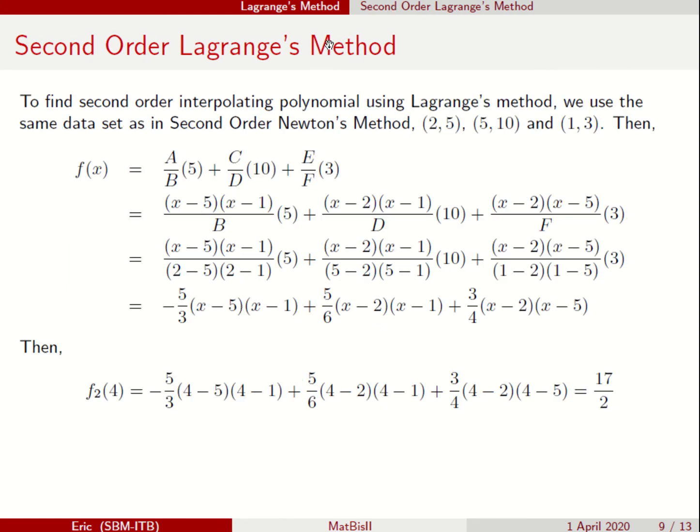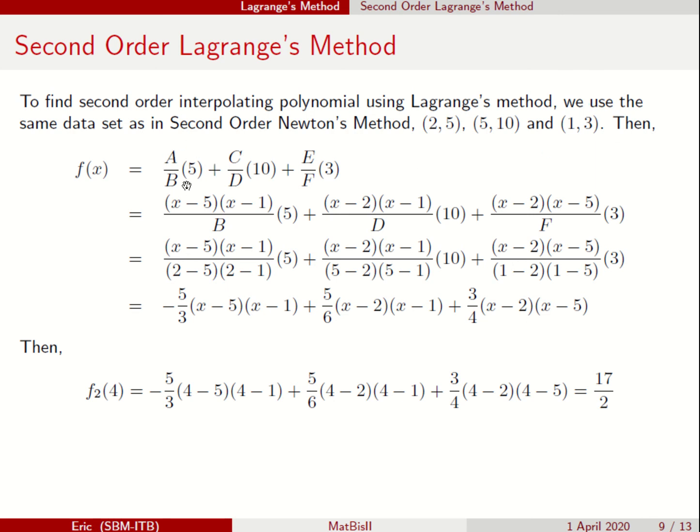The second order Lagrange method. So f(x) equals this one. This term should correspond to this point. This term should correspond to this point. And this term should correspond to this point.